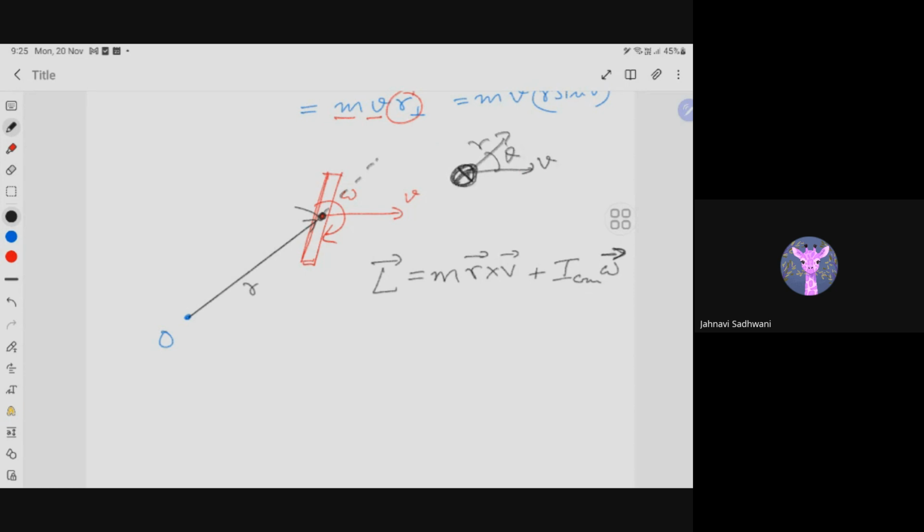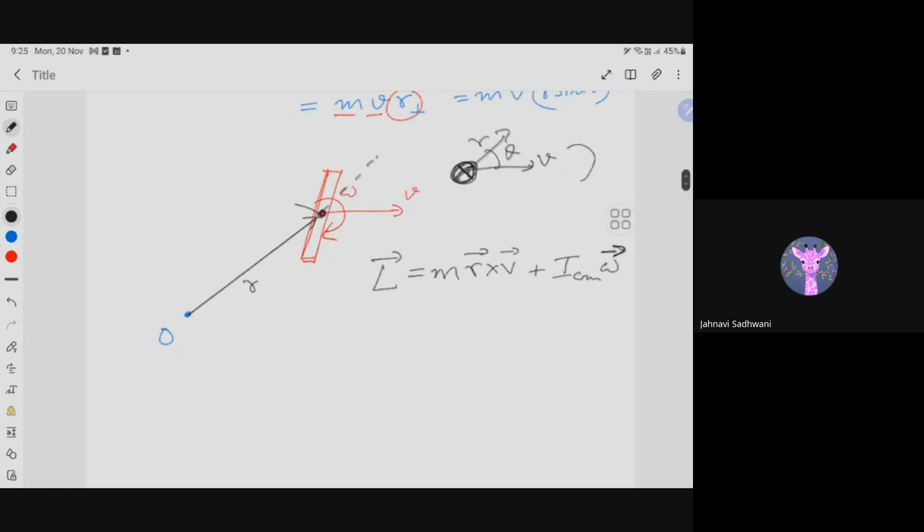So that's your R cross V direction. And omega direction, you have to curl your fingers this way with omega, and your thumb is still going to point inside. So omega direction is same. So you literally add it up. Okay. Is that clear, guys? Yes, sir.